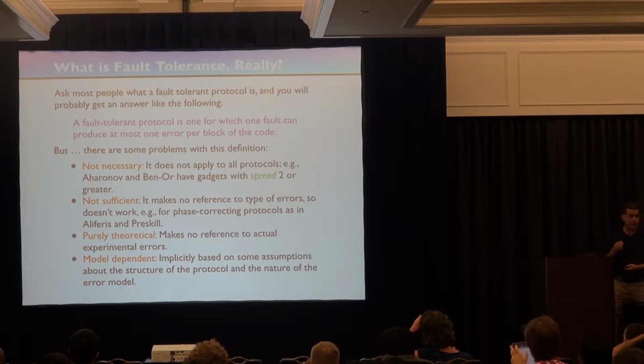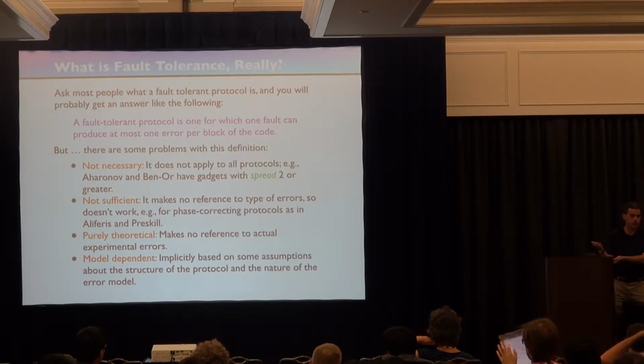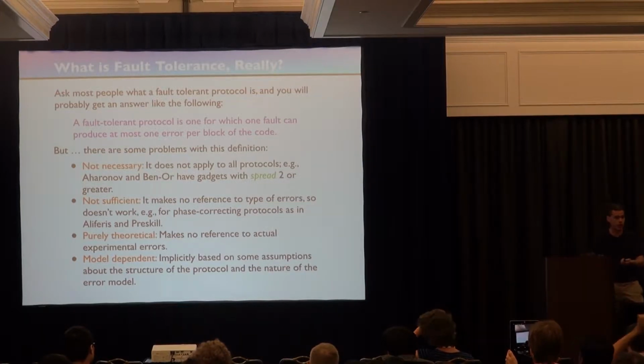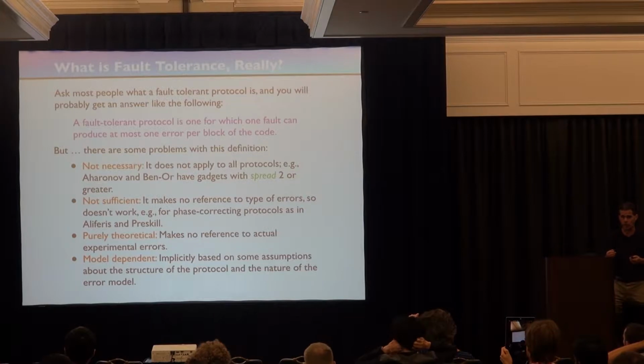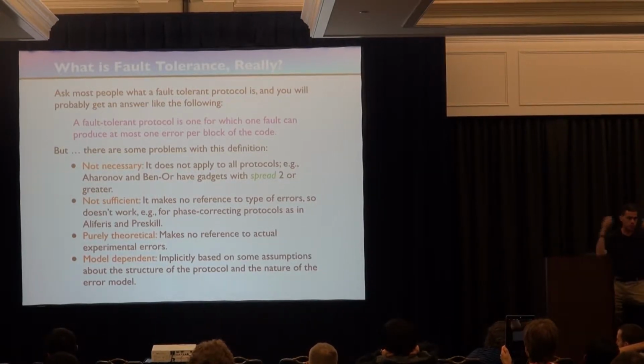What that means is that one fault could cause 2 errors in a code block. Of course, that's less good because you have to correct both of those errors. But if your code can correct more than 1 error per block, it can be acceptable, and it will still cause some improvement. So this is not a good definition if you want to encompass all existing fault-tolerant protocols.